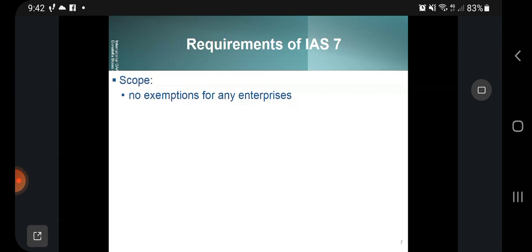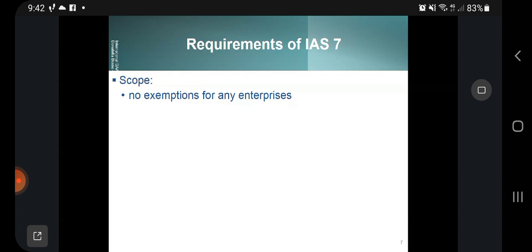So even the banks have to report operating activities, investing activities, financing activities, even though for a bank, operating activity is very different than for a manufacturing company. For a manufacturing company, the operating activity is buying raw material, manufacturing and selling finished goods.